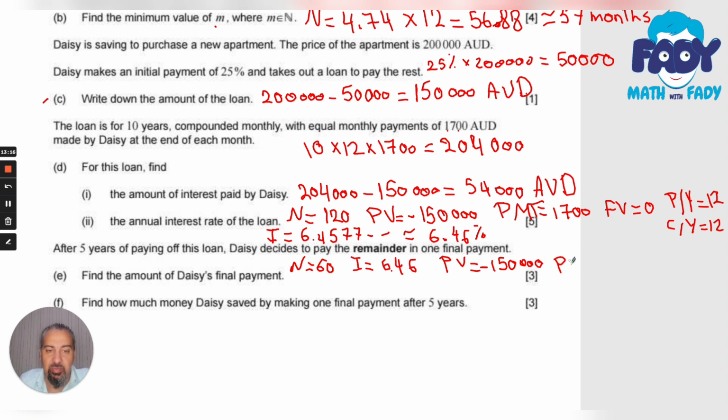Then PMT is 1,700. And still PY, CY still 12, and we need to find the future value after these 60 months. So we will solve for future value. We will get 86988.51 and so on.